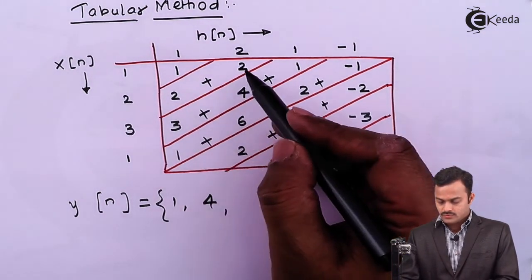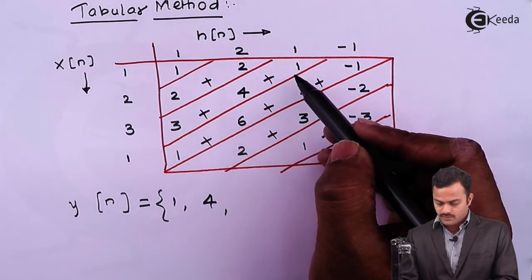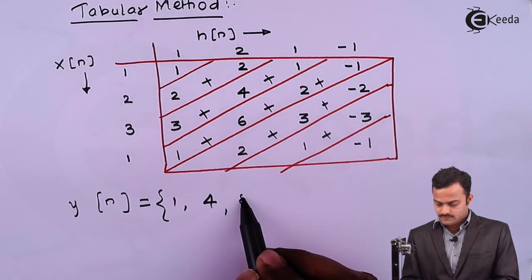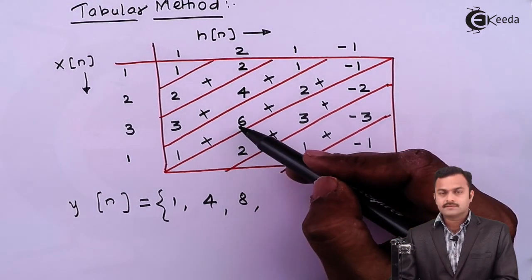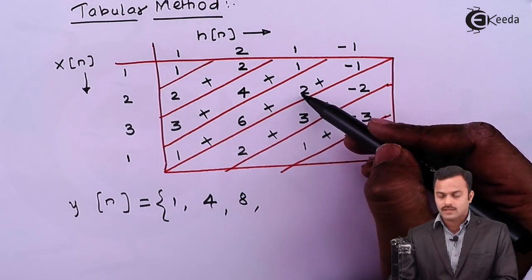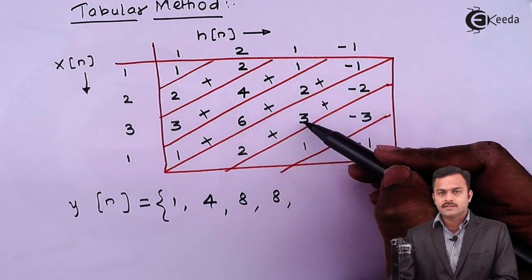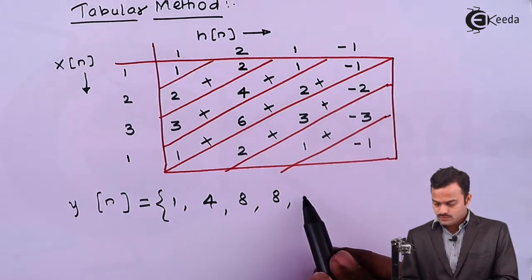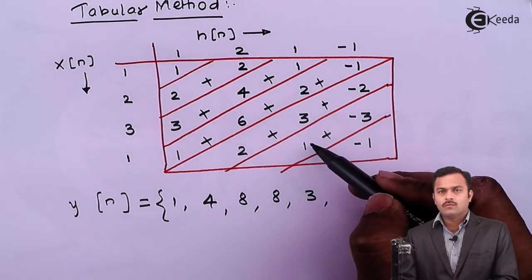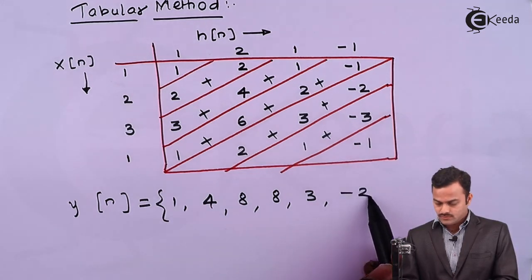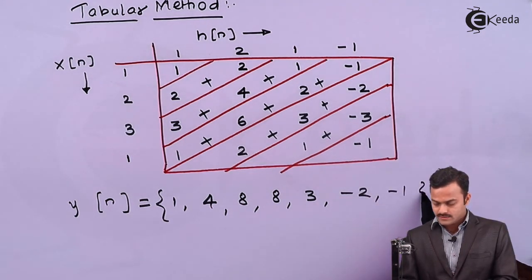So if we add 2 and 2, 4, then 3, 4 and 1, which will give you 8, and 1, 6, 7 plus 2, 9 minus 1, 8, 2 plus 3, 5, 5 minus 2 is 3, 1 minus 3 is -2 and in the end -1 as it is.